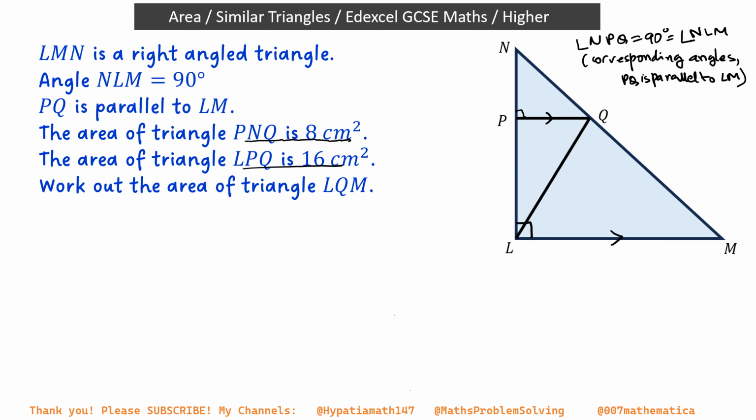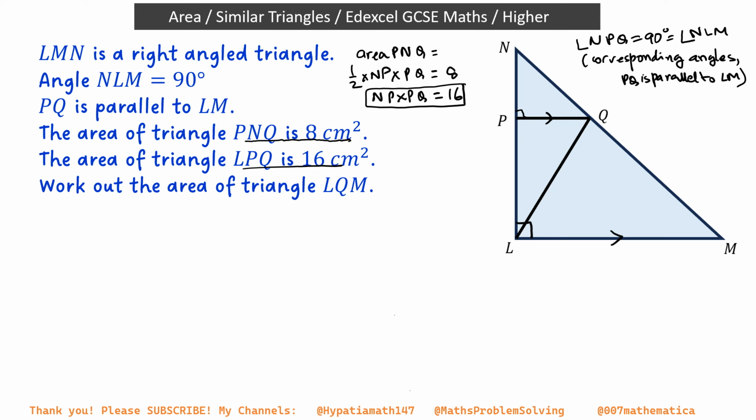How it's going to help is to find the area. We can write the area of PNQ is equal to half times base times height, so half times NP times PQ is equal to 8. So NP times PQ is equal to 16. This is an important step.